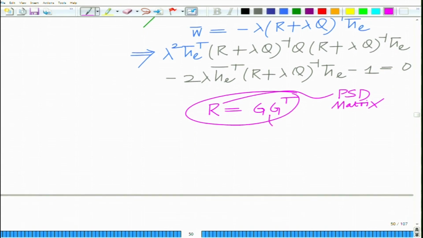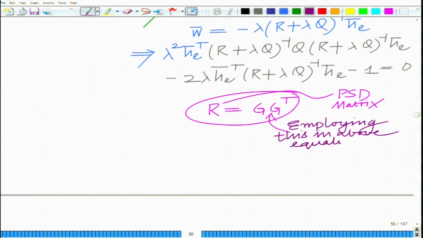Now, employing this in the above equation, it gets further involved: lambda squared H bar E transpose G minus transpose, which means the transpose of G inverse.